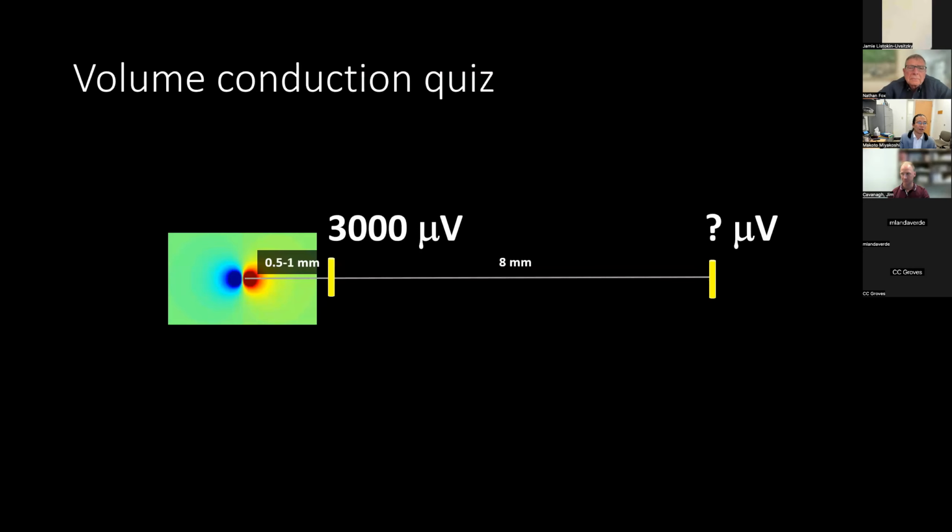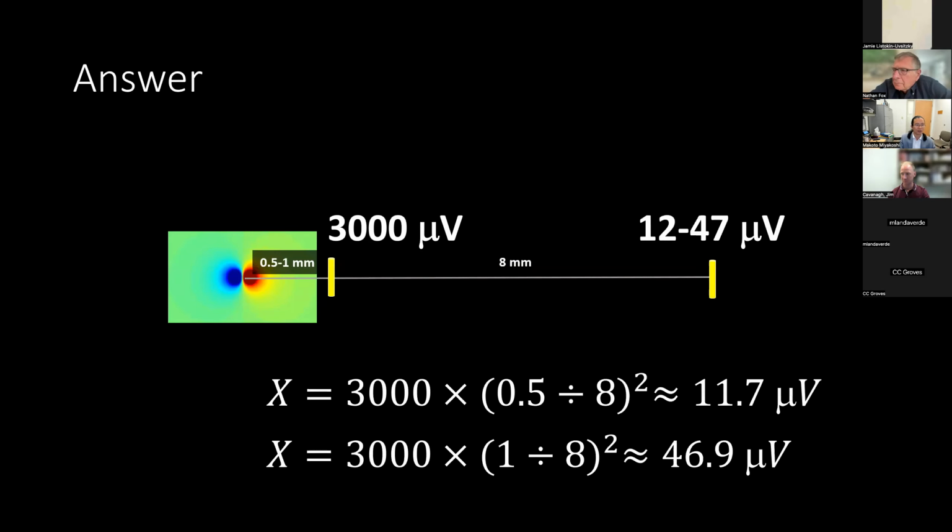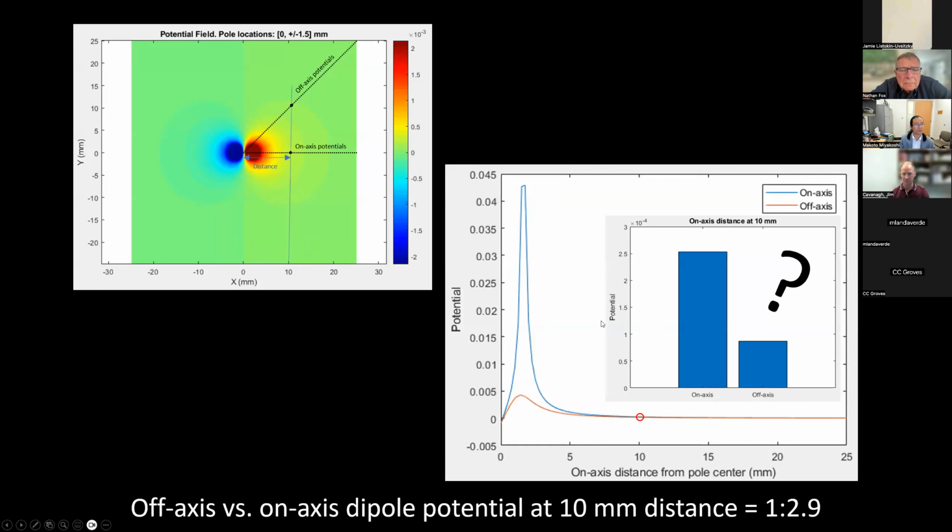If you apply the standard theory of volume conduction and the dipole model, this attenuation rate is huge, like 60 to 200 times.